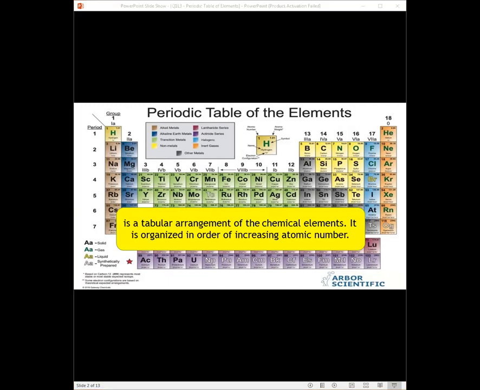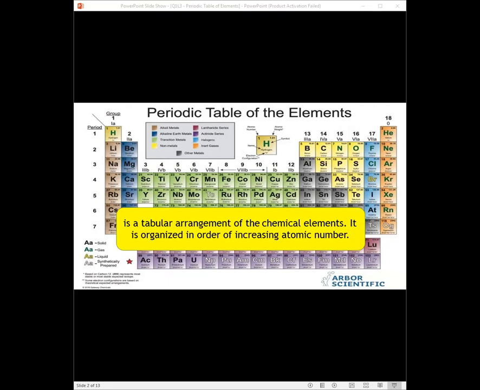It is developed so that scientists can quickly determine the properties of individual elements, such as their atomic mass, atomic number, and their unique chemical properties. Atomic mass refers to the number of neutrons, or the uncharged particles, contained in an element, and the number of protons, or the positive charged particles in an element.